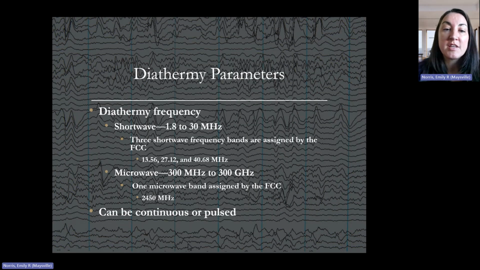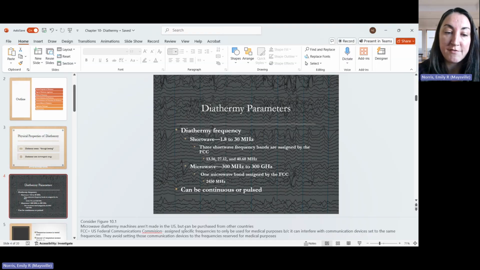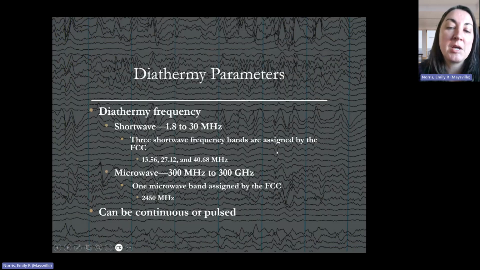Some of the parameters. The frequency: there is a shortwave diathermy, which is usually using 1.8 to 30 megahertz. And the FCC, which stands for the U.S. Federal Communications Commission, realized that diathermy uses the same radio frequency waves that are used for communication.